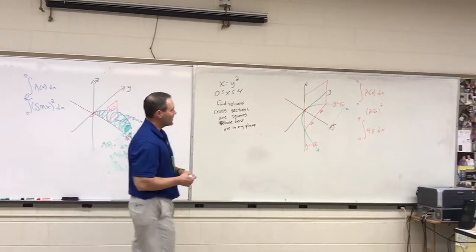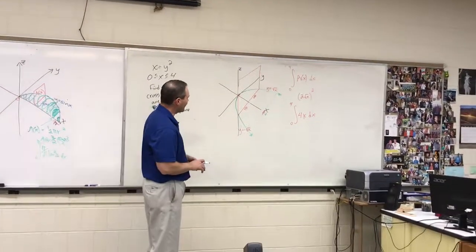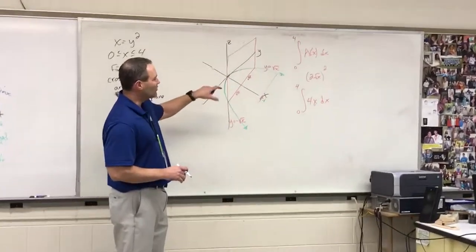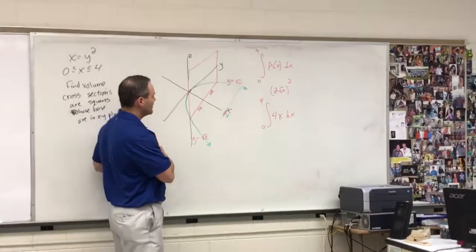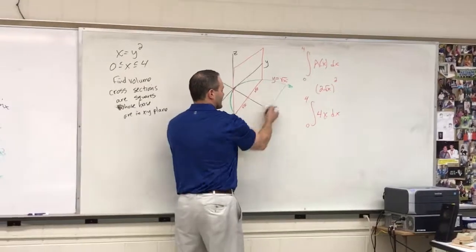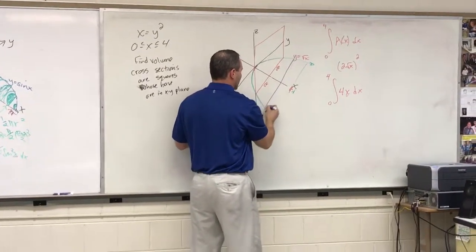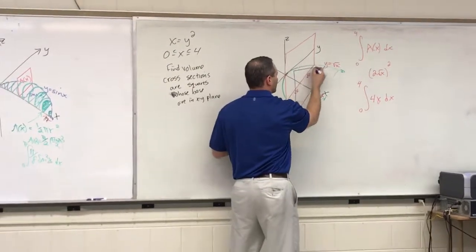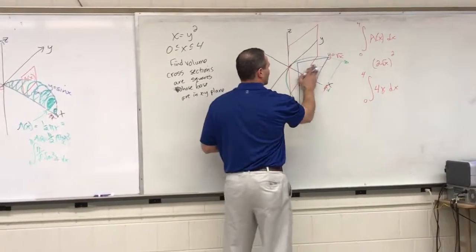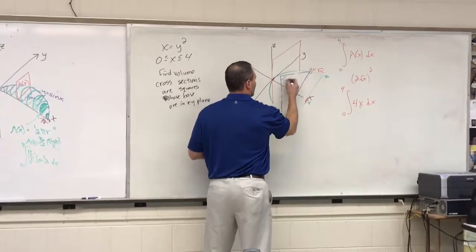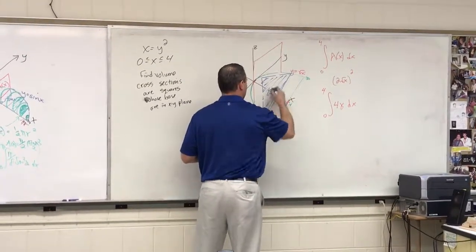Alright, so let's say that my new cross section is an equilateral triangle whose base is in the same spot. So this is now an equilateral triangle. Okay, wait a second.